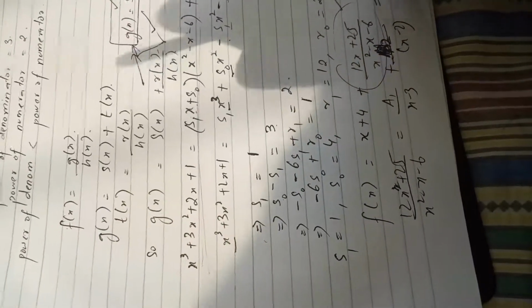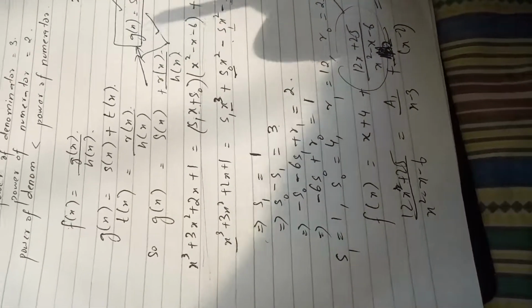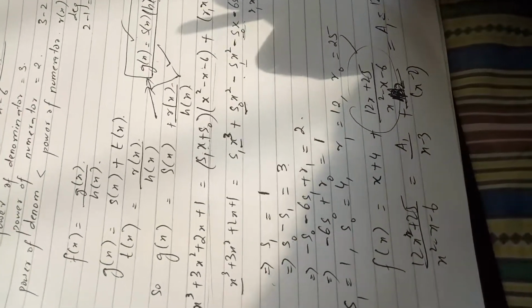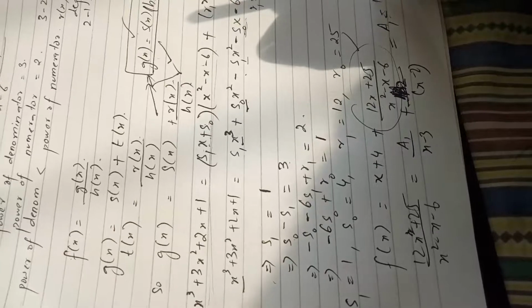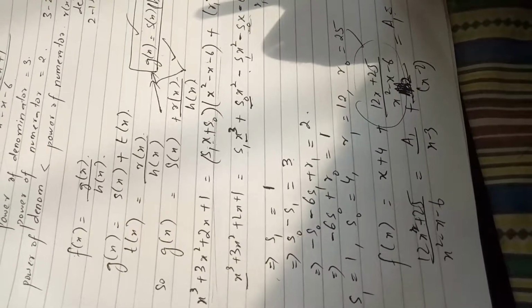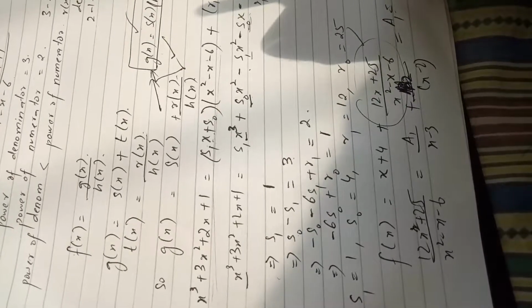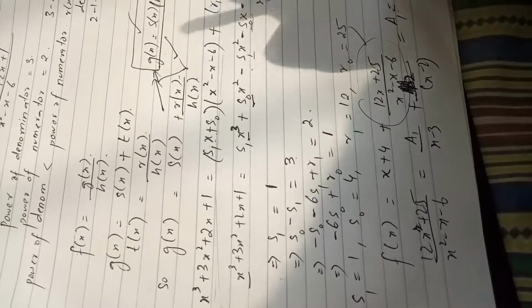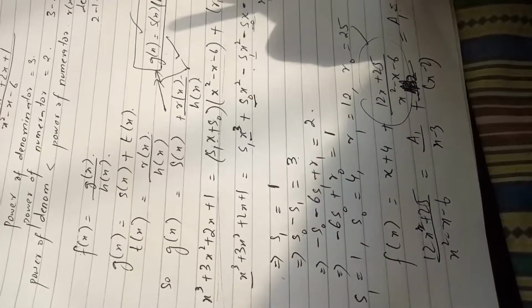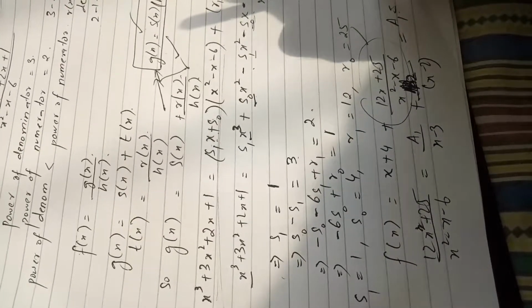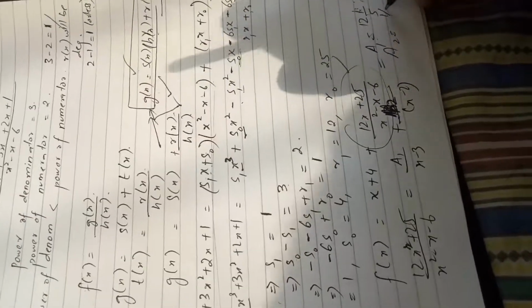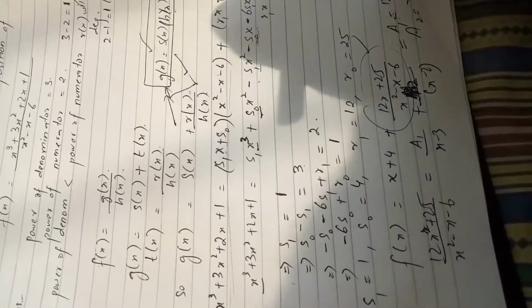Then you can find the values: a1 would be equal to 61 over 5 and a2 would be equal to minus 1 over 5.